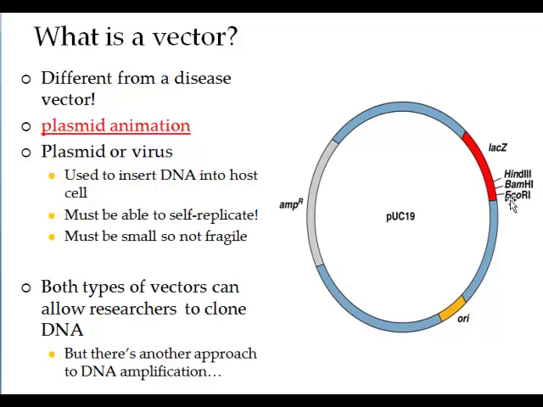Vectors are only present in bacteria. They're a circular form of DNA molecule. It's really very important because they protect the DNA of the recipient cell. The DNA of a plasmid is circular, and plasmids have been used in genetic engineering because they can be easily isolated from a bacterial cell.